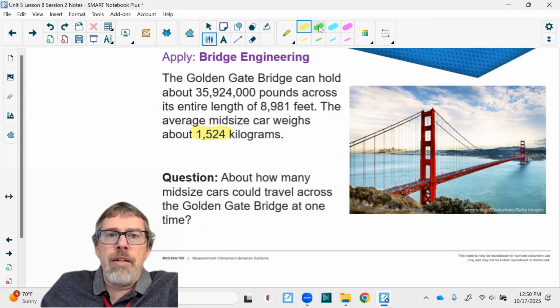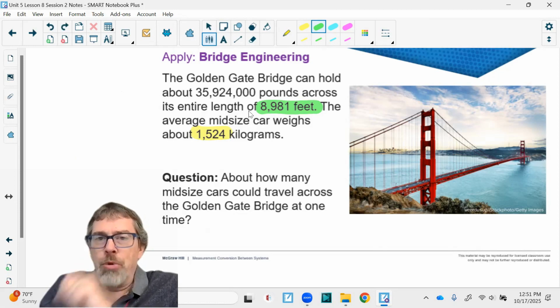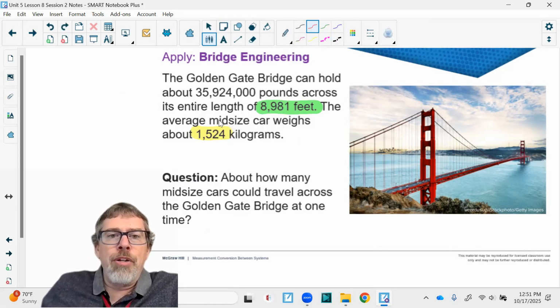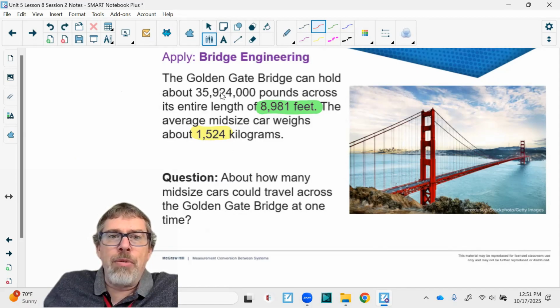So the distance is irrelevant. We took it further in class and determined how many cars could actually fit on that bridge bumper to bumper, but we're not going to go into that much detail here. All we want to do is find out how many midsize cars can be on it without exceeding this weight limit. So if this is in kilograms and this is in pounds, we want to convert one to the other.